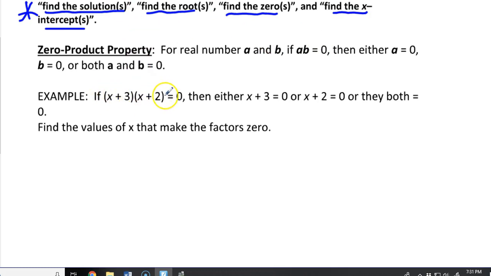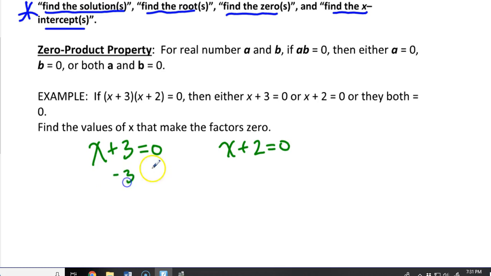We have this product that equals 0. That must mean that the x plus 3 equals 0, or the x plus 2 equals 0, or that they both equal 0, right? So let's find those values. So what we're going to do is set them equal to 0, and then just solve those out. So take a second to solve those and play the recording.